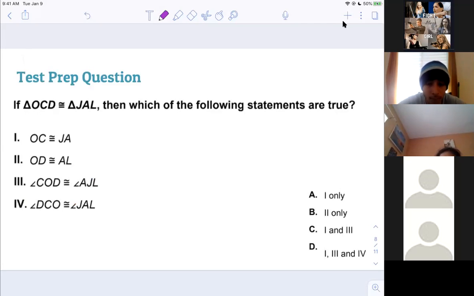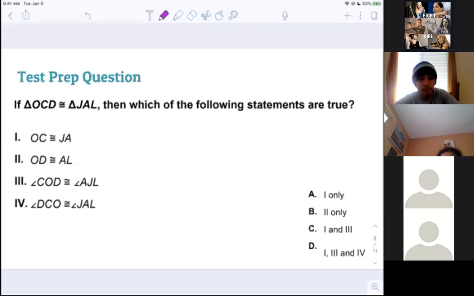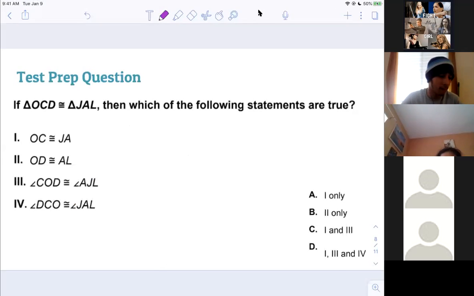I have 4 votes in. I have 5 votes in. Alejandra, did you vote?